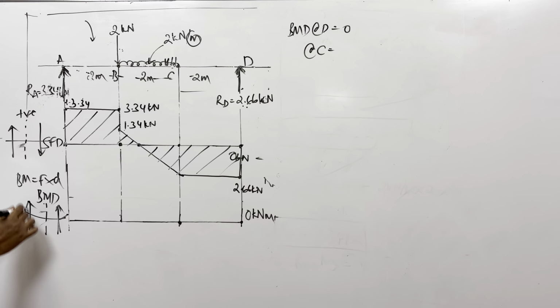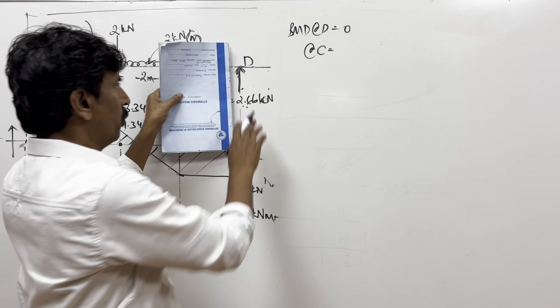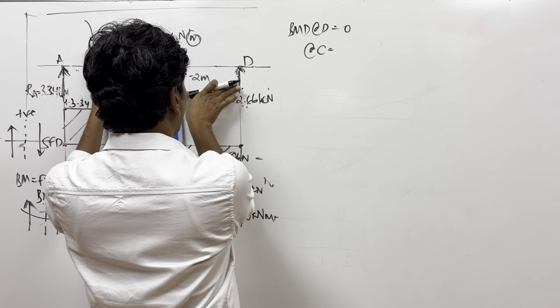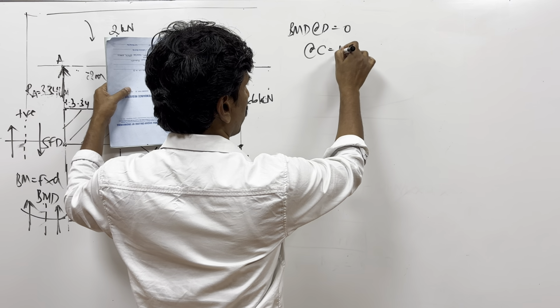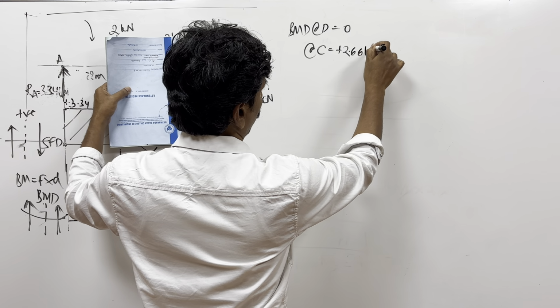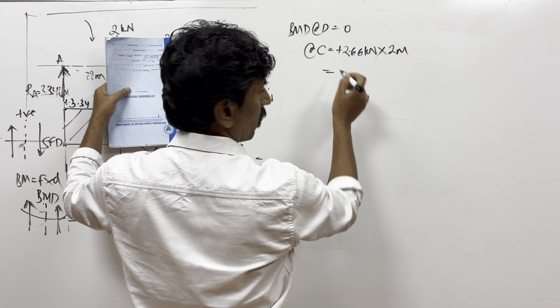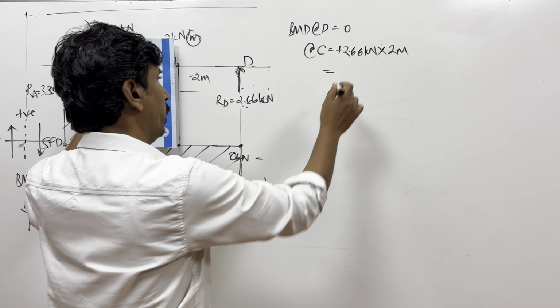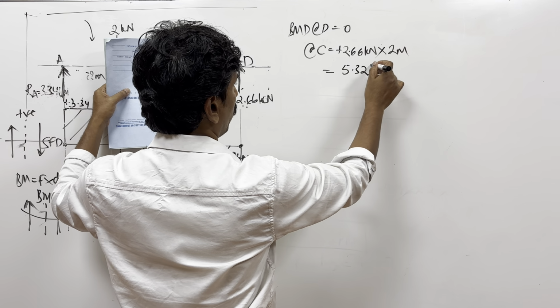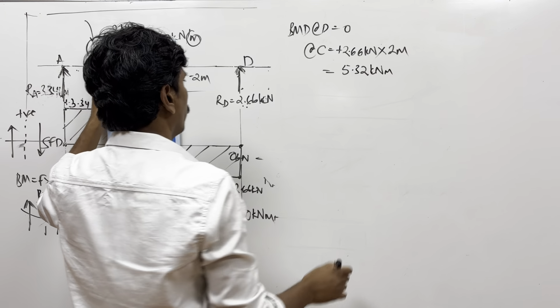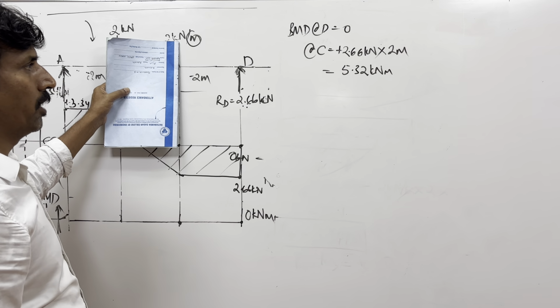Going upwards is positive, force into distance. So 2.66 kilonewton into distance of 2 meters. So the answer is 5.32 kilonewton meter. So 5.32 kilonewton meter is the bending moment at C.